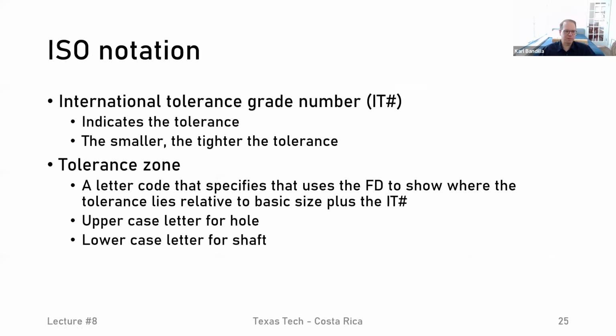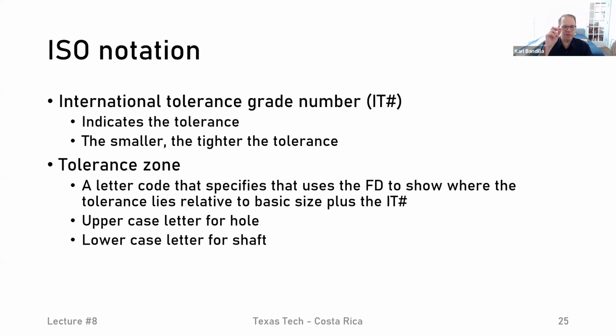All right, now the fun starts, right? This was easy math, but ISO likes to have some really, really crazy ways of describing their fits. So what we're going to need is the International Tolerance Grade number, the IT number, and that indicates the tolerance. The smaller that number is, the tighter the tolerance, right?